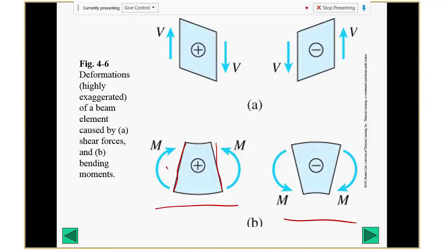This is actually easier. The hardest one is the shear force. Here's the positive. If you generate, what do you call this way? Clockwise, right? Clockwise deformation, that's positive. Vice versa, if you generate a counterclockwise twist, that's negative.